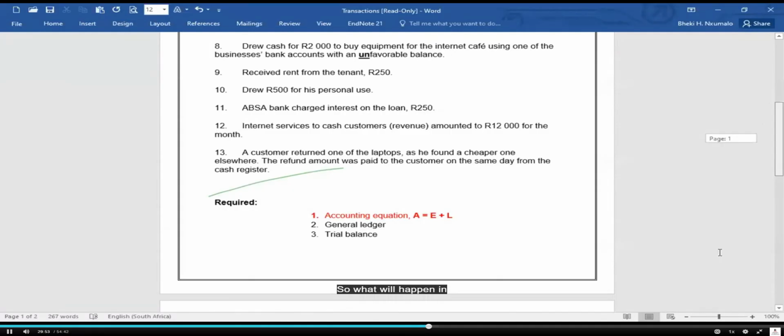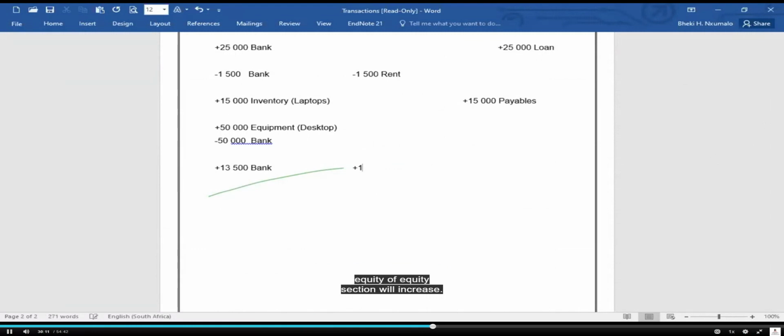So then if there are sales in the business, the equity section will increase. We call it sales. So here we are not given the markup on cost or cost of sales. I'll tell you once you are given that transaction where there are selling price and cost price, how am I going to deal with selling with the cost price?